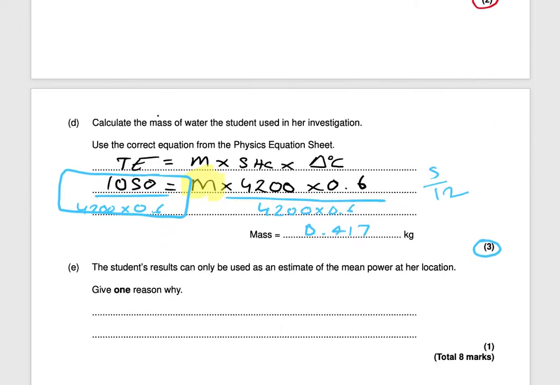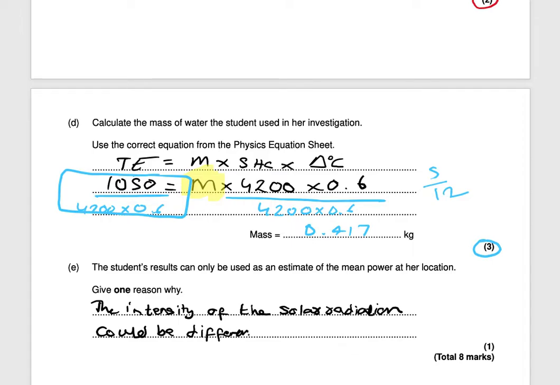Okay, so the intensity of the solar radiation could be different at different times. Okay, and that would get you 1 mark.